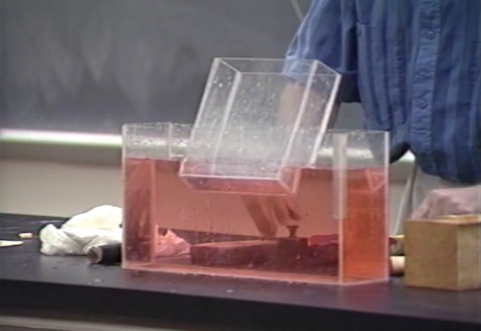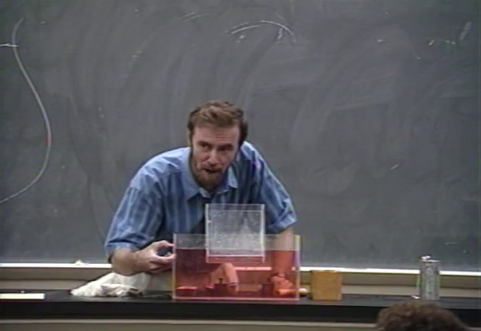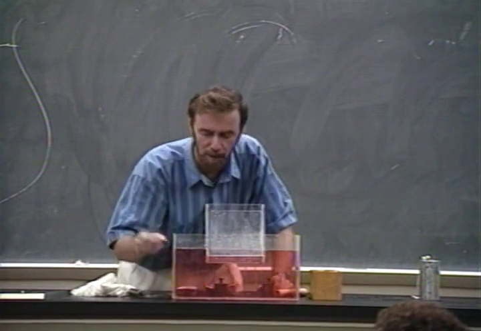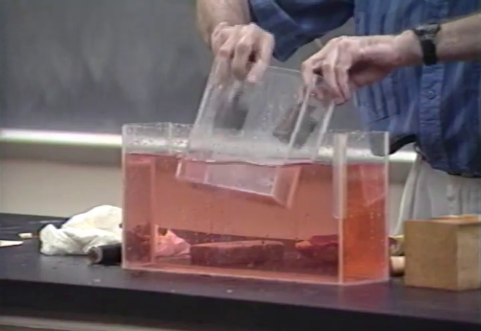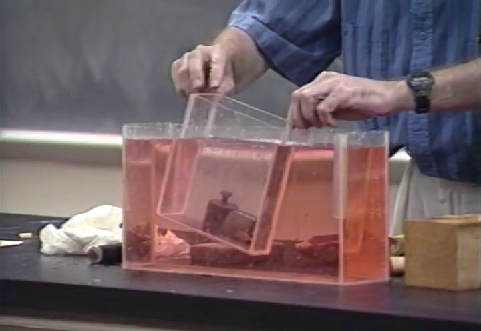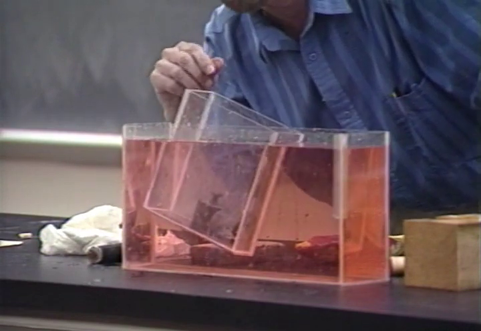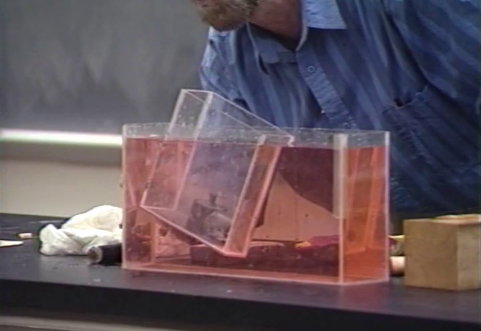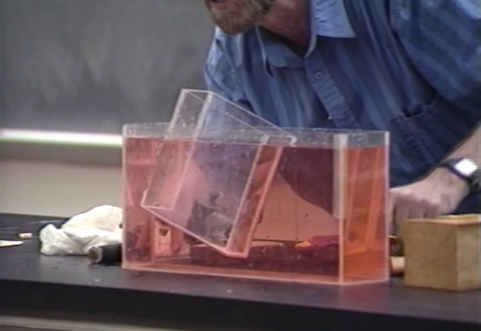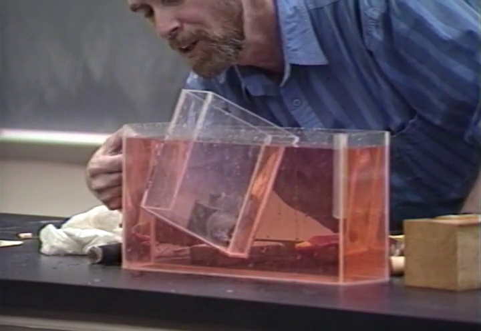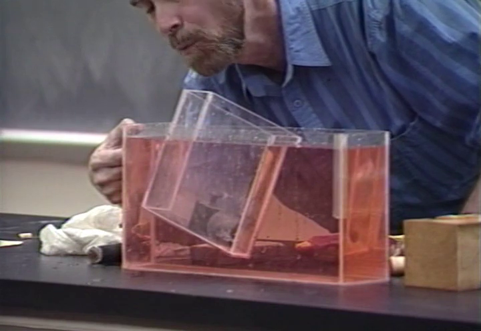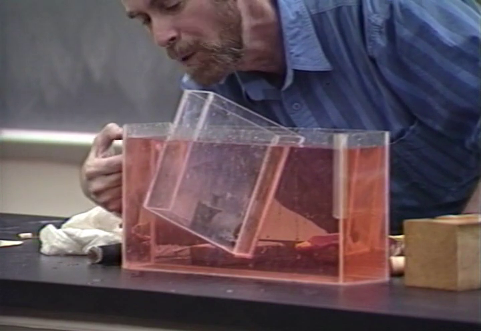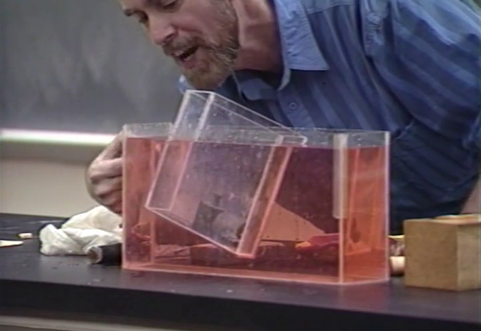When I do that, will the water line drop, rise, or stay where it was when I started? That's your question. Here's the water line. When I take the metal out and throw it overboard, will this water level go up? Will it go down? Or will it stay right there?